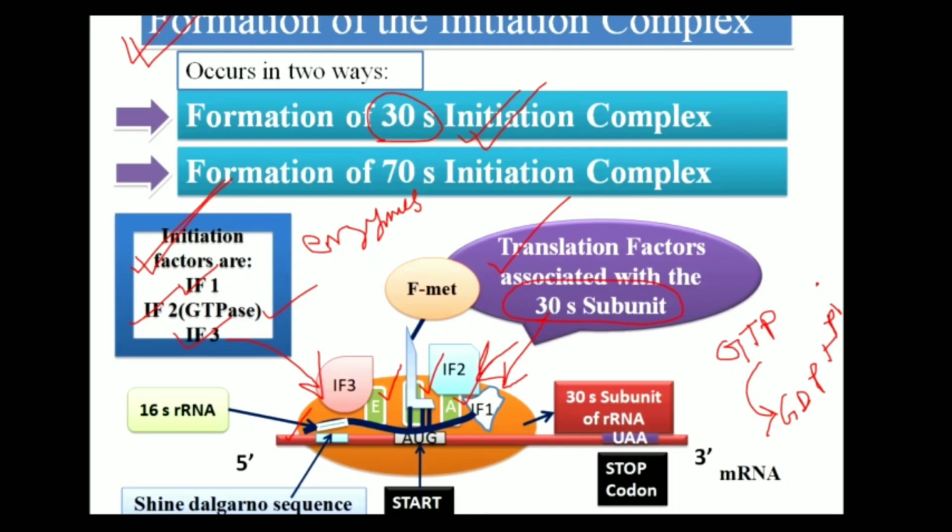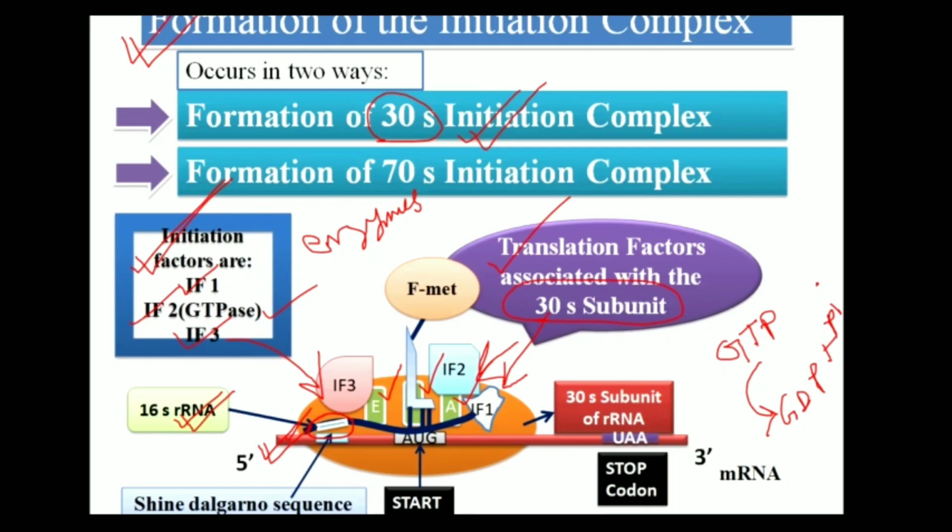And see here, this is the mRNA, and the ribosome comes and binds to the mRNA, where the ribosome has a protein part and also an rRNA part, which has a specific sequence.